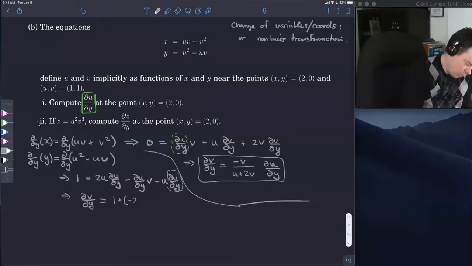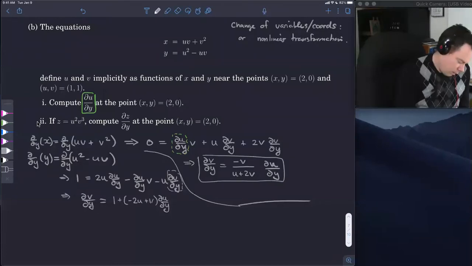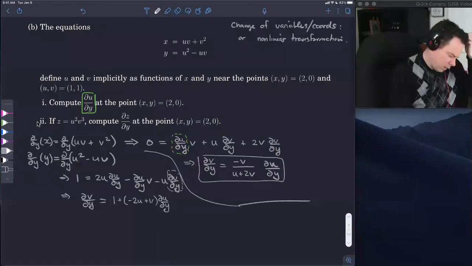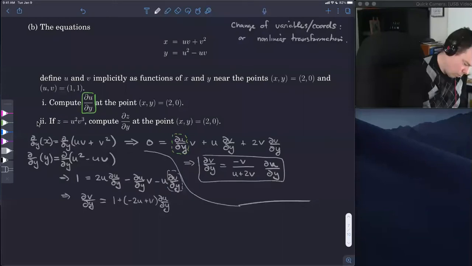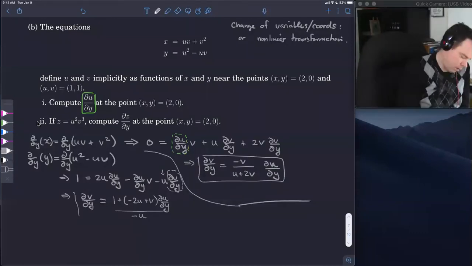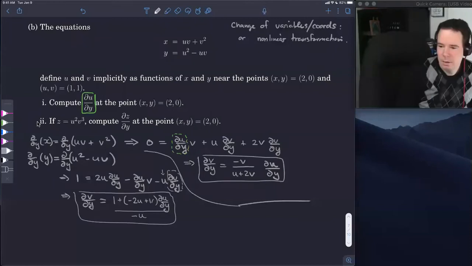So I get a negative 2u and a plus v, and that's times the du dy. And what else do I have? That's moved everything over except for the dv dy, and that has a negative u in front of it. So I've got to divide through by that negative u. I'm just doing a little bit of algebra here. So I end up getting this whole thing divided by negative u. And that's another expression for dv dy.